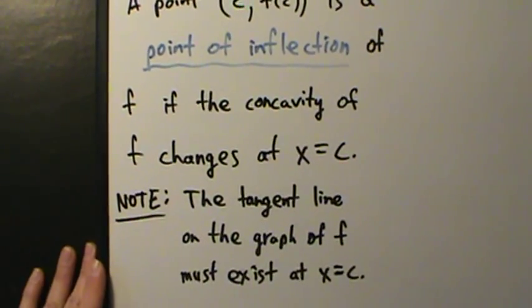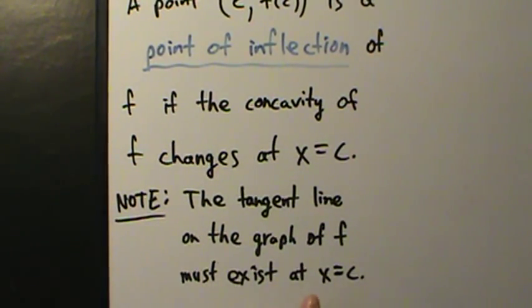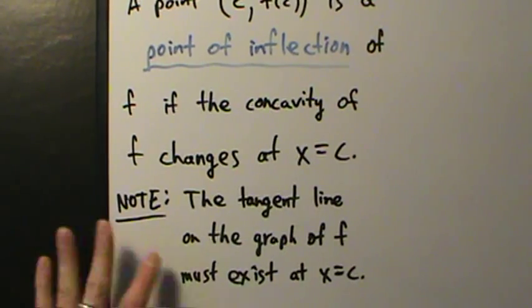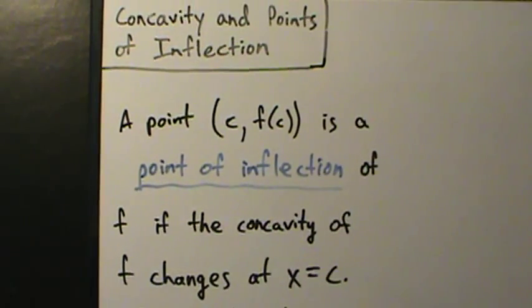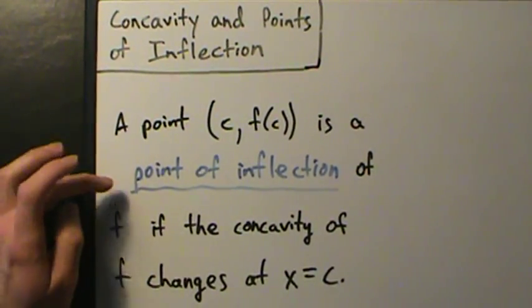Okay? So the tangent line on the graph of f must exist at x equals c. Most people require that, so we'll just require it too. It'll keep things kind of simple. So anyway, here we have this definition for a point of inflection.